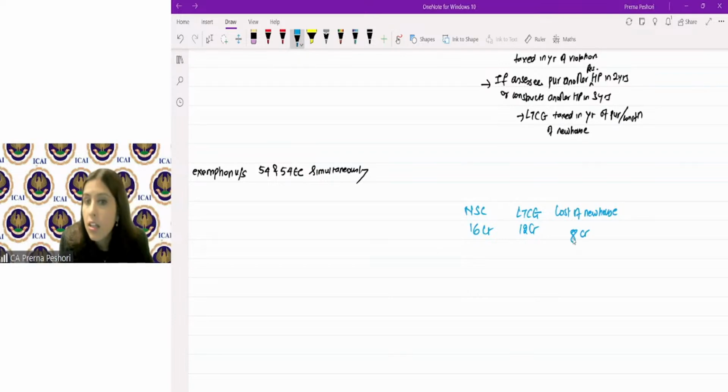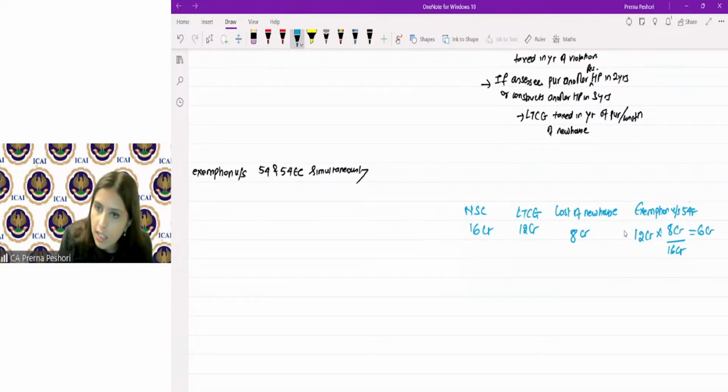Then the exemption under section 54F is going to be how much? It is going to be 12 CR into 8 CR divided by 16 CR. This is 6 CR.